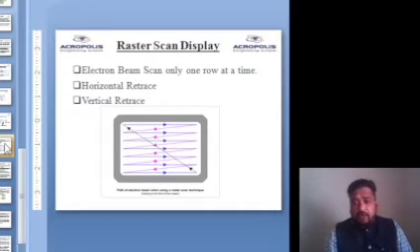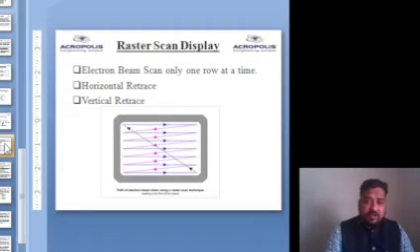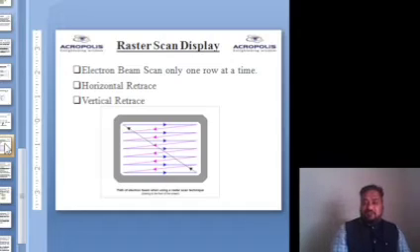There are two basic methods that are used for display purposes. Display purpose means that by these methods a picture or any object can be displayed on the screen of the monitor. The first method is the raster scan display. By the raster scan display, an image can be displayed on the monitor.